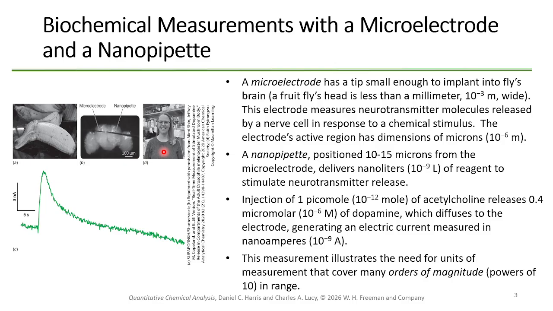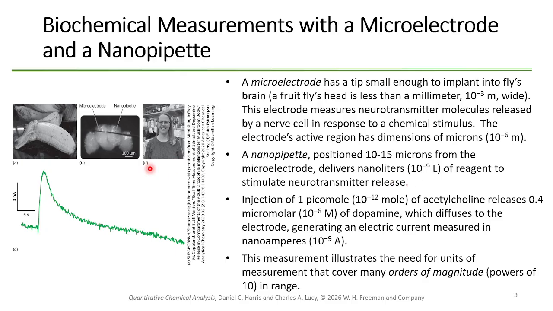This is going to be an electrode that's going to measure the neurotransmitter molecules released by a nerve cell in response to a chemical stimulus. So you stimulate the brain, you detect the electroanalytical result, and it actually is a polarimetry result. And so it pulses and then goes down over time. Okay. If you know some biochemistry, you know it's releasing the ions and then reuptaking. Okay. That's what you're seeing here.